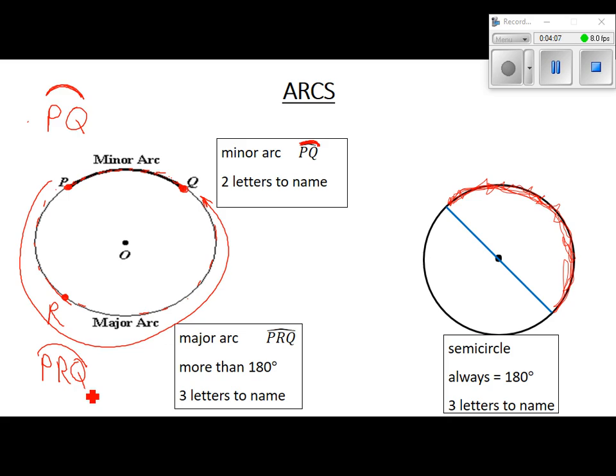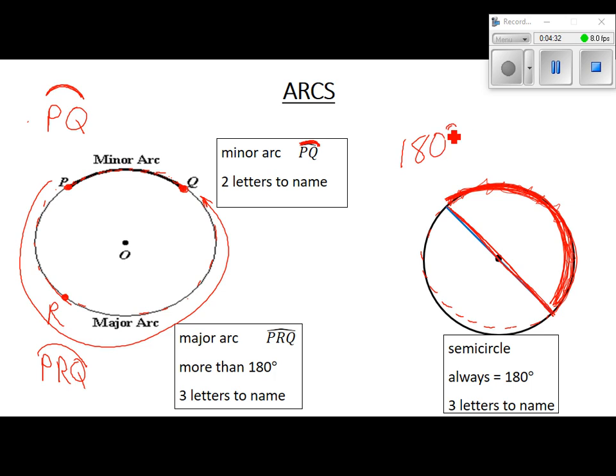A semicircle, or what's considered half a circle: when you draw a diameter in a circle, you split the circle in half. This arc is a semicircle. The other arc going around this way is also a semicircle. A semicircle is always 180 degrees.